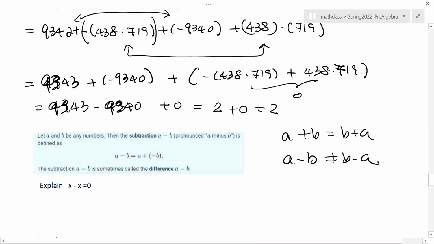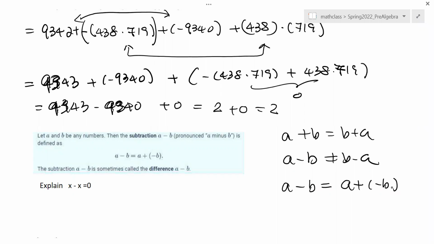The reason is that subtraction is defined to be a plus the negative of the number. That's just because of the definition of subtraction. So let's record that first.